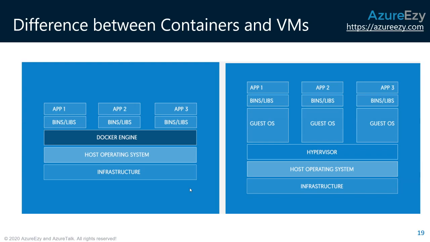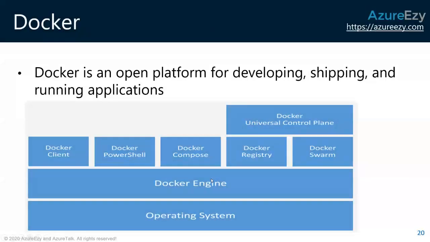Okay, so now we have covered this one. Let's go ahead. Docker Inc. is, I think, nowadays the premium one who has taken containerization to a new level. So these are part of your Docker engine, or you can say the Docker containerization engine. You have your Docker client, which is your command line interface.